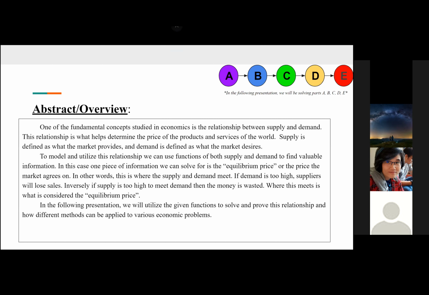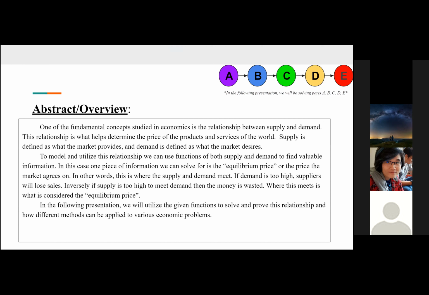Before we begin, just some background information about the topic. One of the fundamental concepts studied in economics is the relationship between supply and demand. This relationship helps determine a whole lot of things, including the price of products and services in the world.